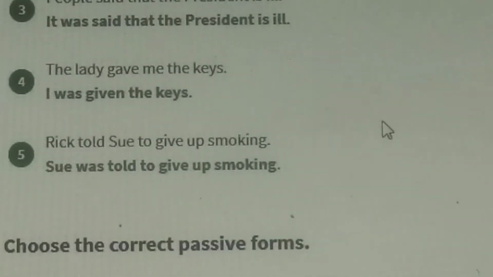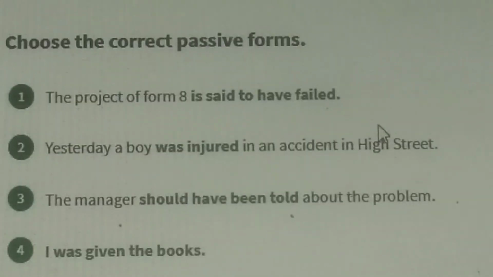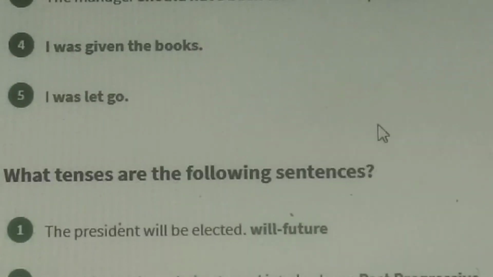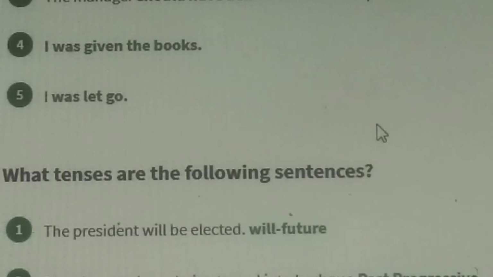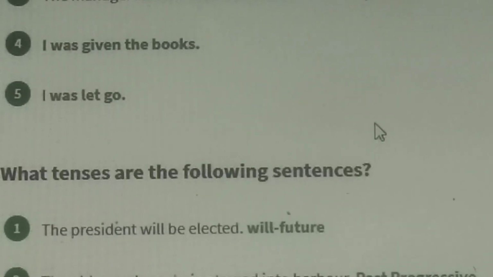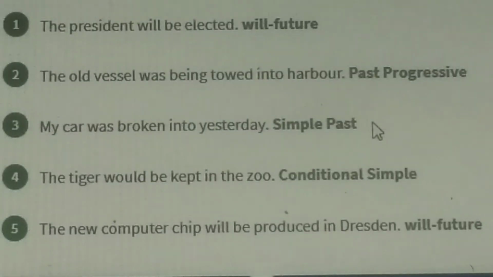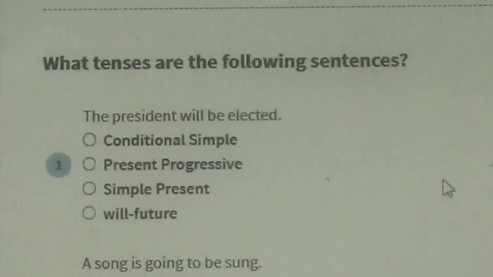Then they choose the correct passive forms. Look at that. The first, the second, the third, the fourth. The tenses are what? The president will be elected, will, future. Look at that, children. Note down.